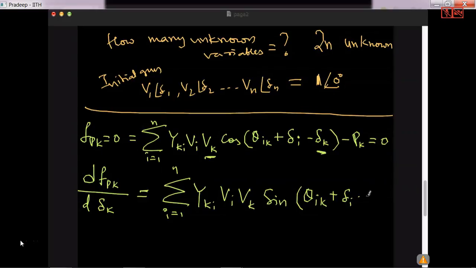That's all. The differentiation of cos is minus sine, but because of the minus delta k, it becomes plus. Now Pk is a constant, and the differentiation of a constant is 0. So this is my differentiation of function Pk with respect to delta k.